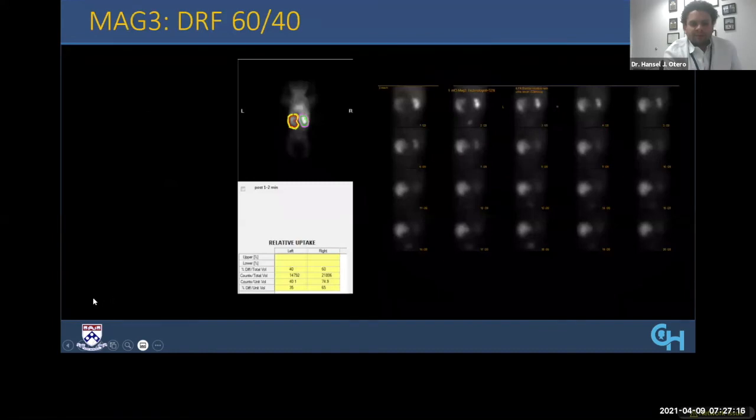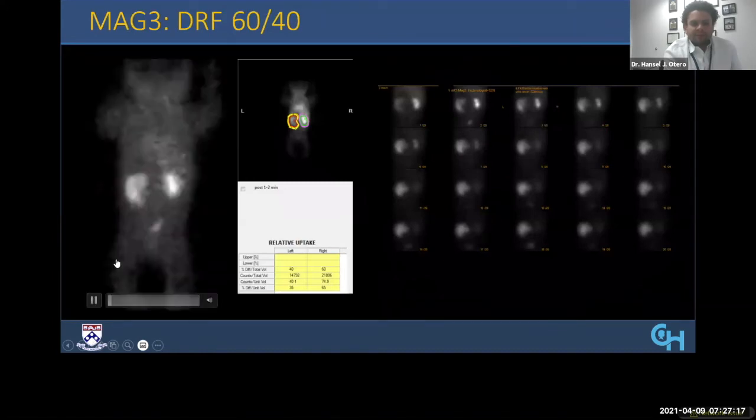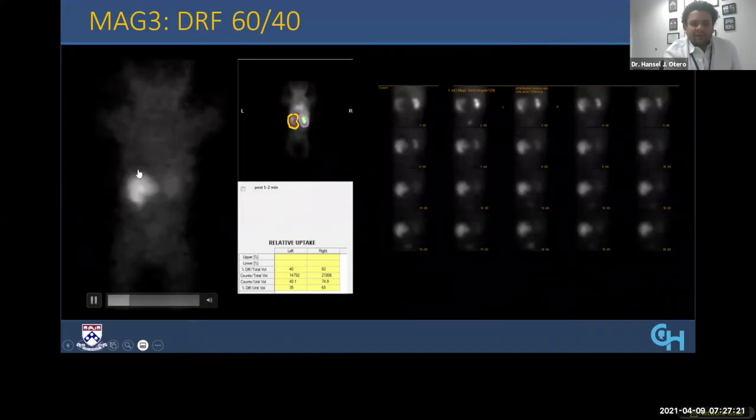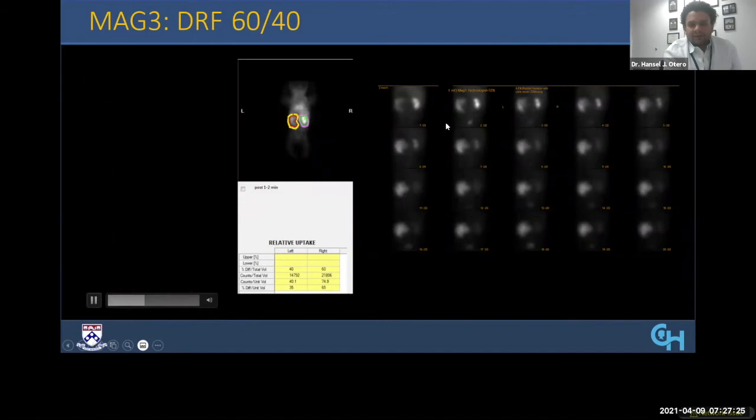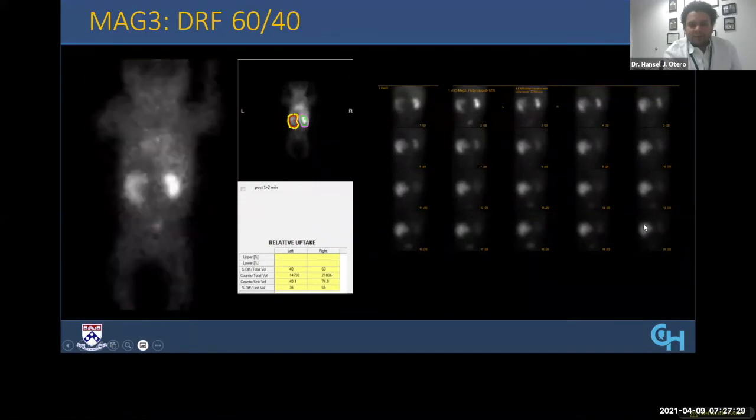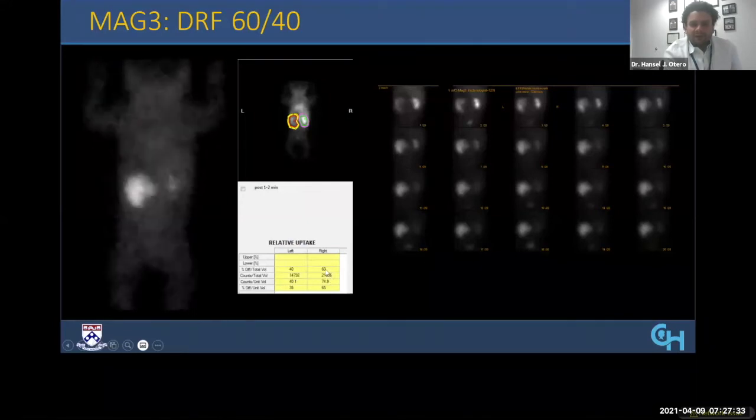And this is a MAG3. And again, we have that dilatation of that left kidney that requires Lasix, and even after Lasix, you still don't have complete clearance. The function is 40 and 60, so it's still preserved.